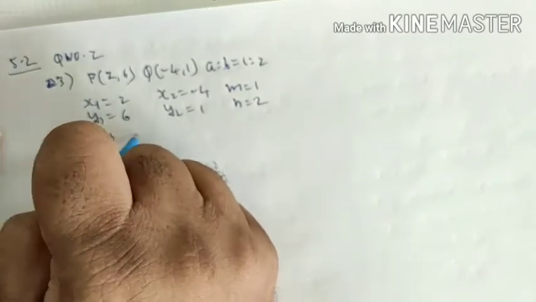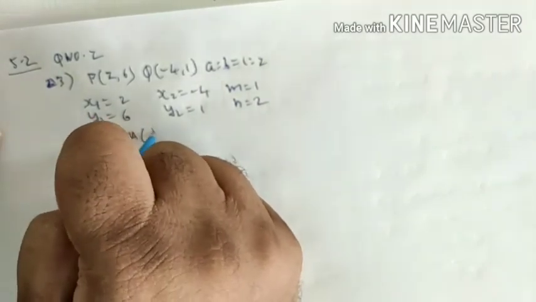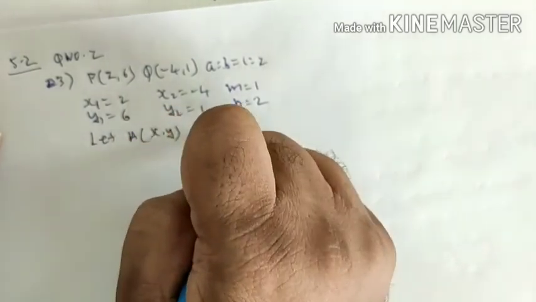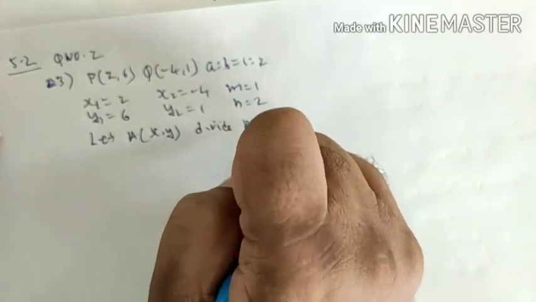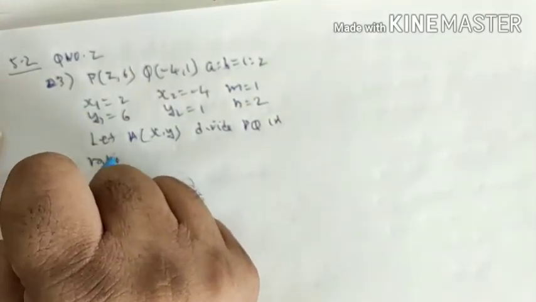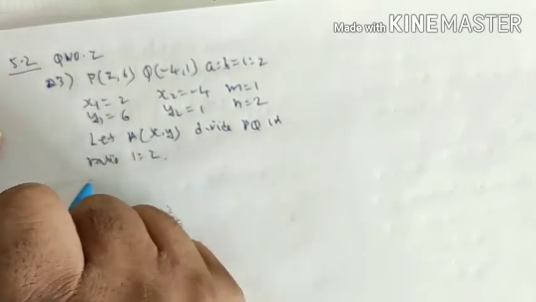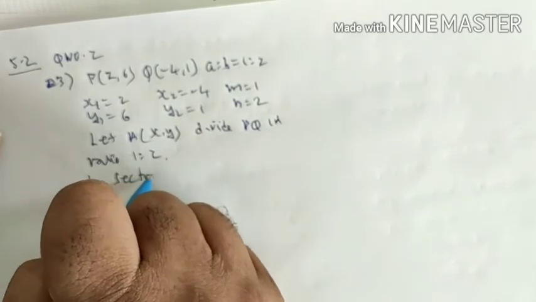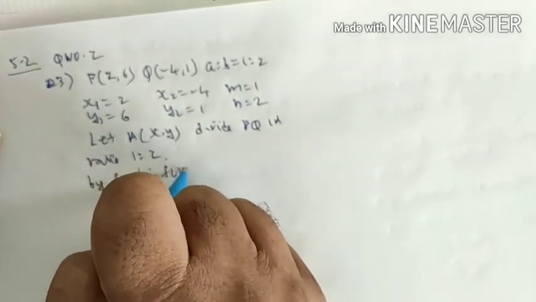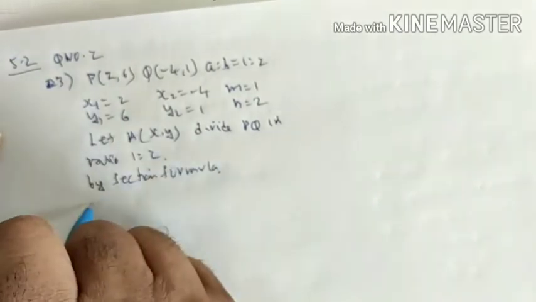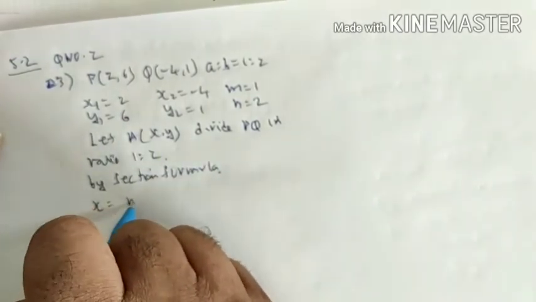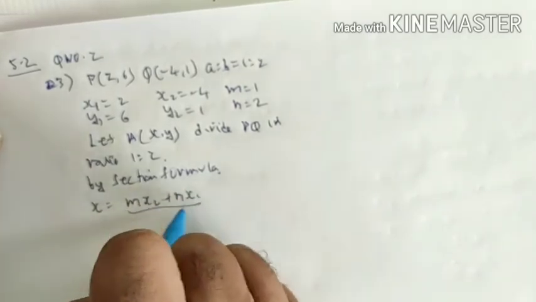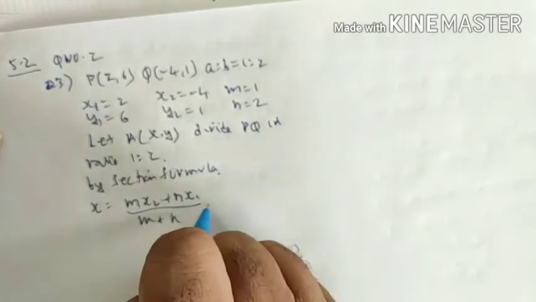Let A (x, y) divide PQ in the ratio 1:2. So, by section formula, what is our section formula? x is equal to (m x2 plus n x1) upon (m plus n).